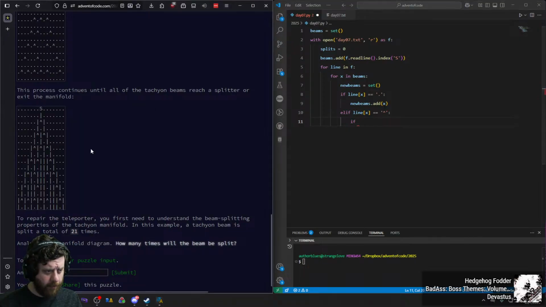I don't fully understand what happens in the case where a splitter dumps a line into a spot where there was already a line.